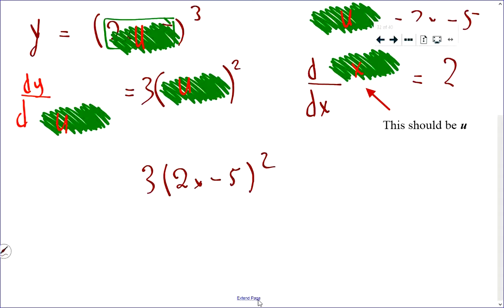It's the derivative of the whole expression with respect to 2x minus 5 times the derivative of this with respect to x, which is 2. 2 times 3 is 6. And now, remember when we did all that work, we got the derivative? Now I know from experience, not everybody in the room is going to look at that and go, oh yeah, that totally makes sense.